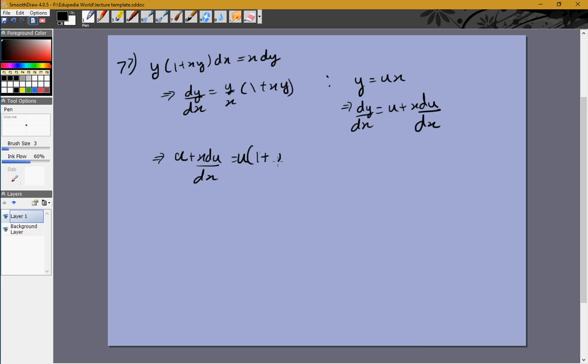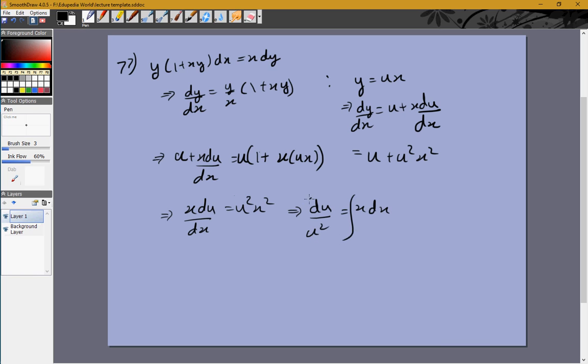So this is x into y, which is ux. So this is equal to u plus u squared x squared. This is u plus x du by dx, so u and u cancel. What we get is x du by dx is equal to u squared x squared, which means du by u squared is equal to x dx, and we can integrate.